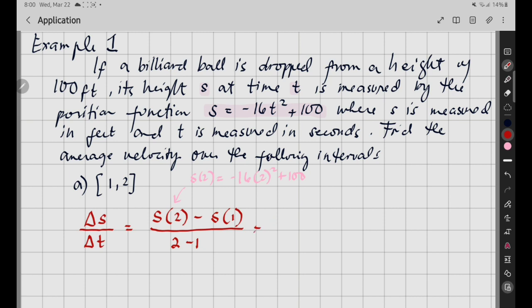So in that case, we have here 36, okay, minus 84. Okay, so to get the 84, for this one, you have s of 1 is equal to negative 16 times 1 squared plus 100. Okay, over 2 minus 1, which is 1. Okay, so simplifying everything, you have negative 48 feet per second. So this is the average velocity from 1 second to 2 seconds.